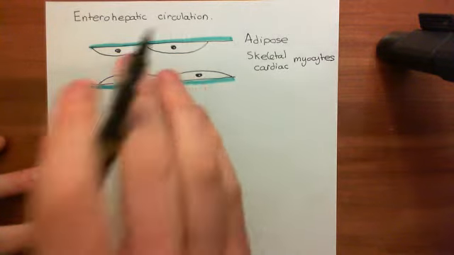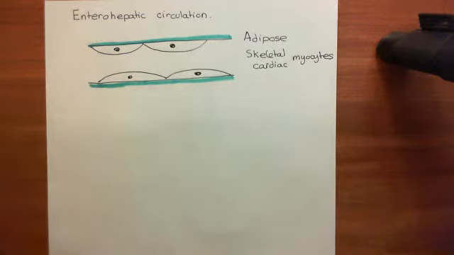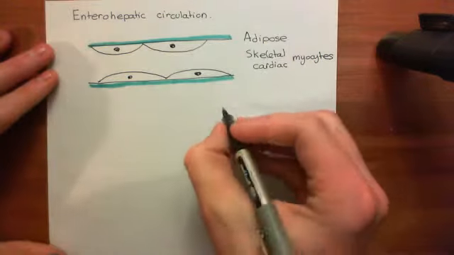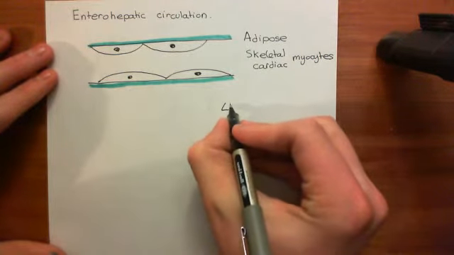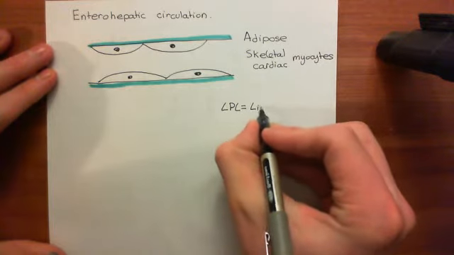So what apparatus do you need on your surface in order to access the fatty contents of a chylomicron? Well, you need something called lipoprotein lipase, usually abbreviated to LPL for short.